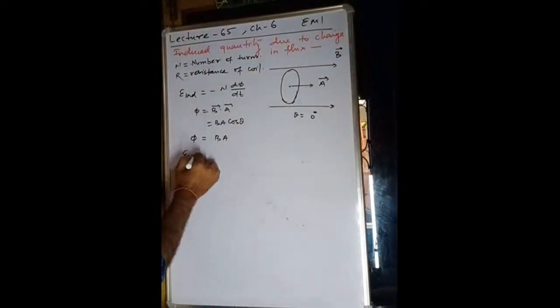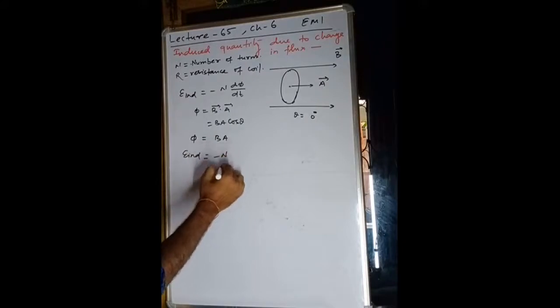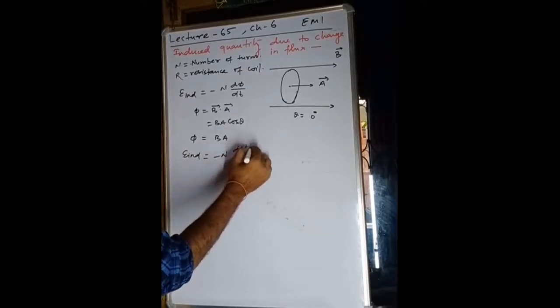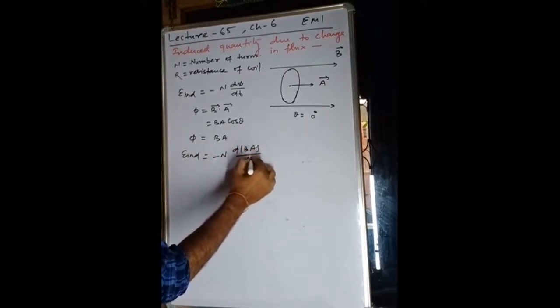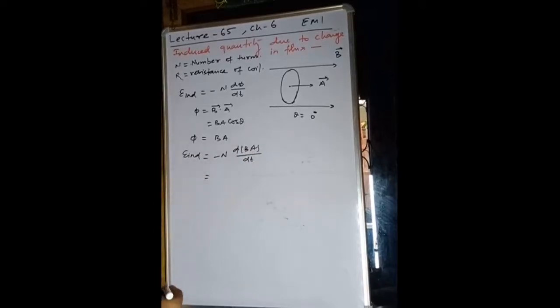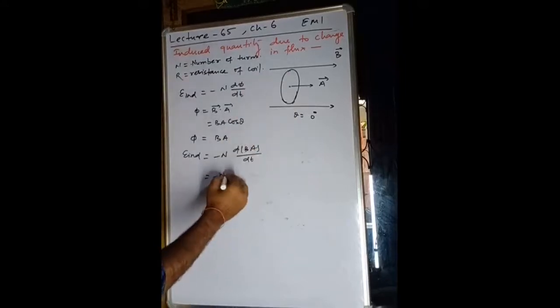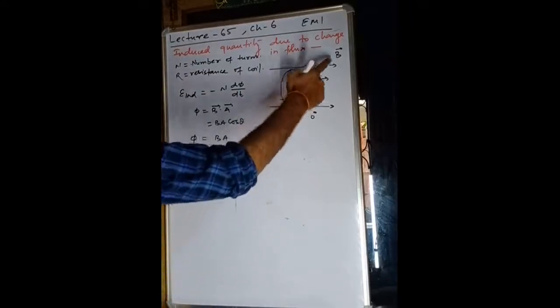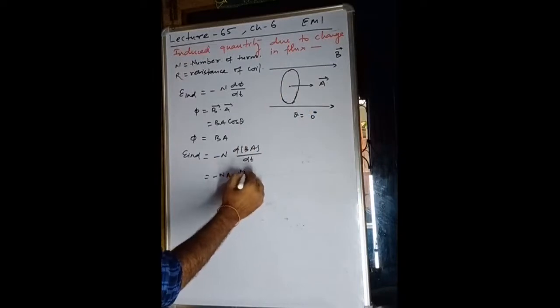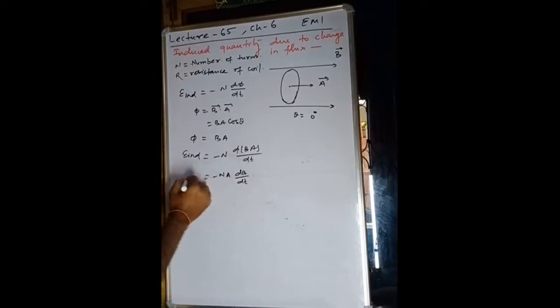Now E induced will be minus n d(BA) over dt, and if the cross-sectional area is constant and the field is changing, that is B changing, then it is minus n A dB by dt. This is the E induced.